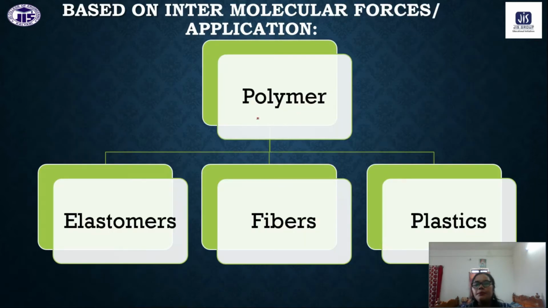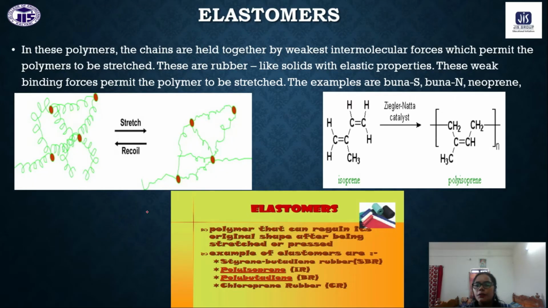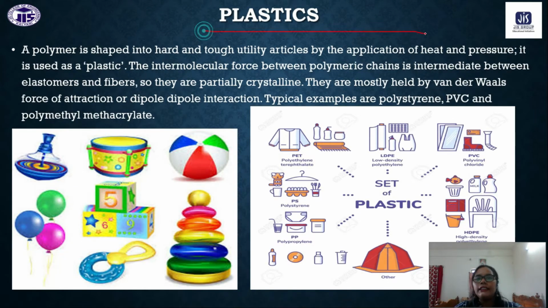Next, polymers can be divided into three groups based on the intermolecular attraction force: elastomers, fibers and plastics. Elastomers have weak van der Waals forces and are very soft, like Buna rubber and neoprene. These are some of the examples. And plastics, we use so many plastic materials in our daily life.